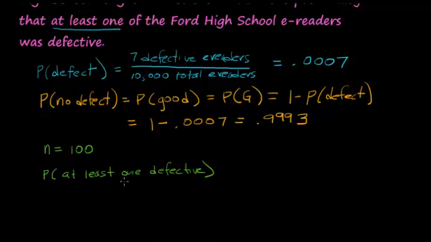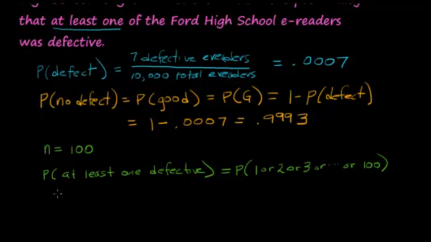That means 1 or 2 or 3. So we're talking about the probability that you have 1 defective, or they opened the box and they tested them and there were 2 that were defective, or they found that there were 3, or, you see where this is going, or 100. All of them were defective. If we're looking for at least one, these are all the possible outcomes.